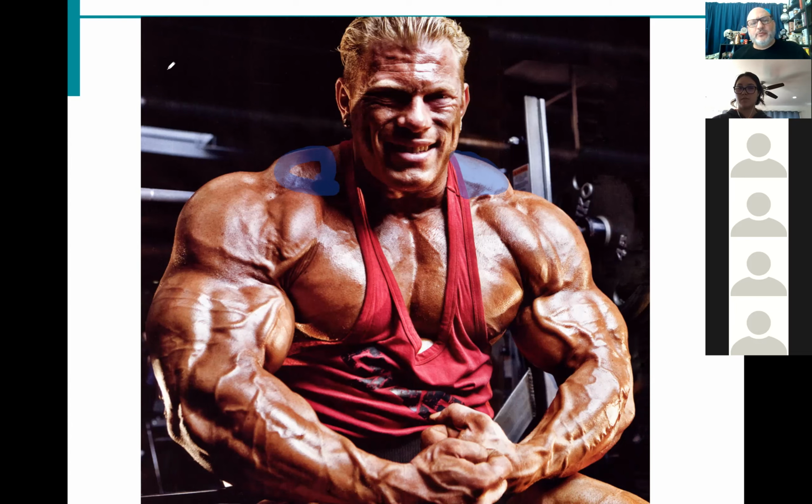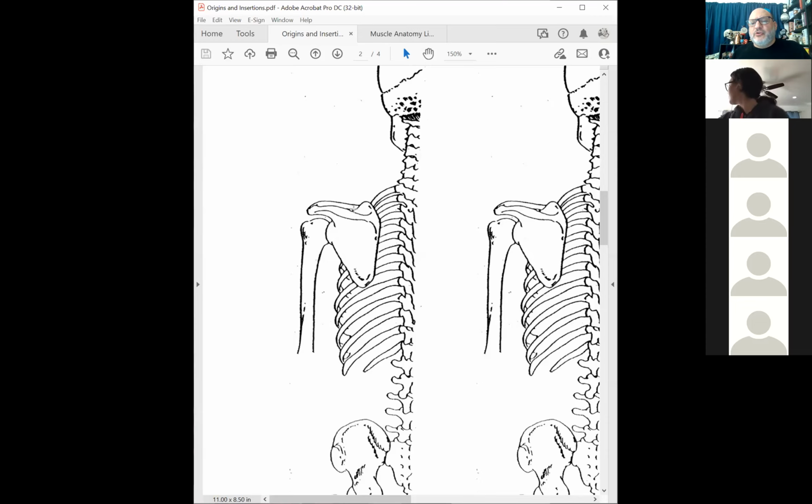And actually, let's go back to the picture for this. So one of the things that it can do to the shoulder is it can elevate the scapula, bringing the scapula up. It can retract, which remember also means bring it towards the back. So that adducts, brings it back.